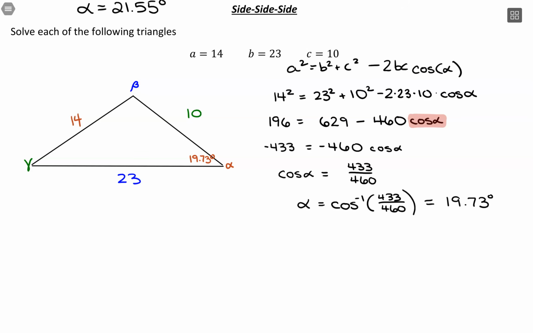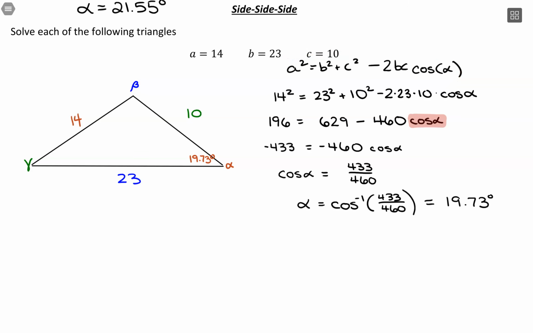Now we need to find a second angle measurement, because once we get a second one, then we can just use our 180 rule. And it's at this point that you have a choice. You can use law of cosines or law of sines. If you use law of cosines, we would just go through the same process. We would just change our formula a little bit.